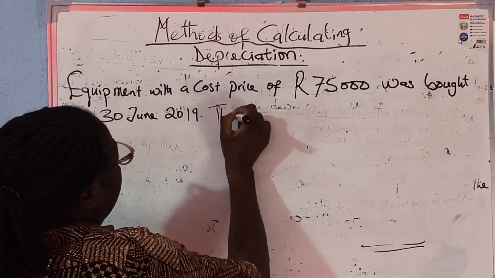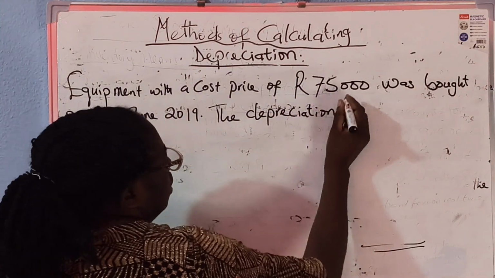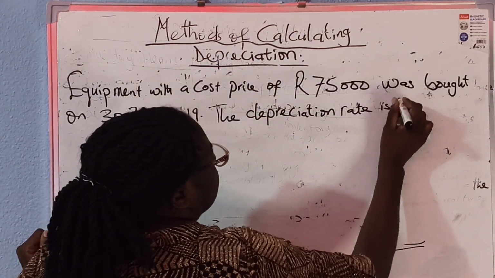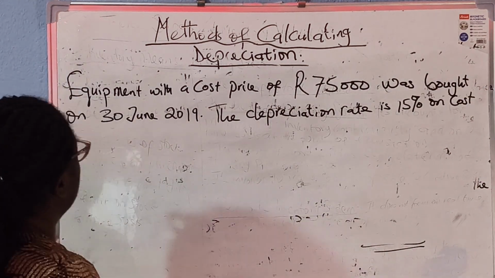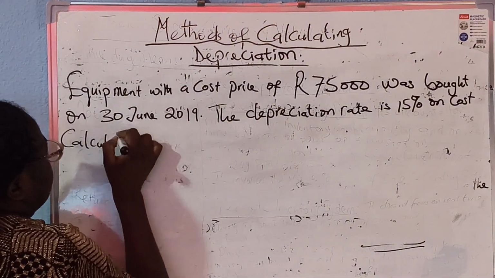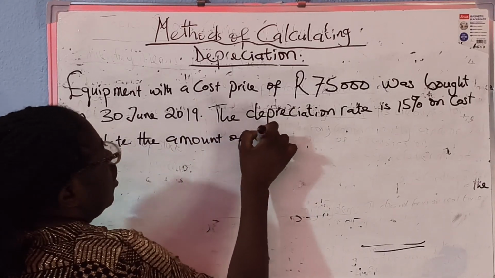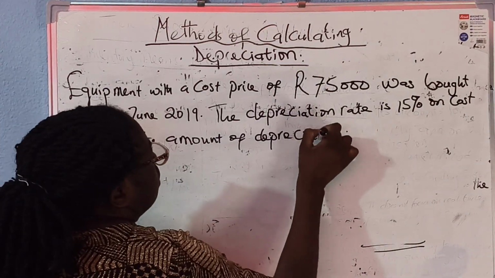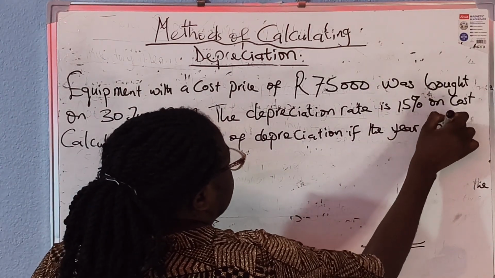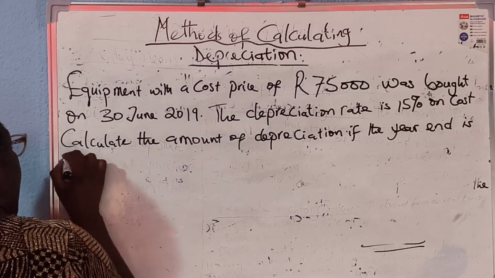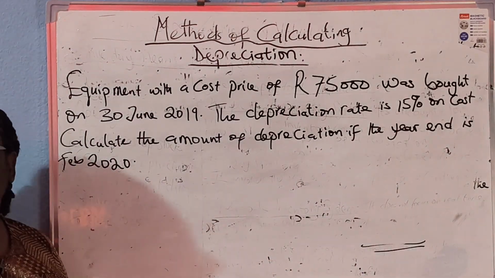The depreciation rate is 15% on cost. Calculate the amount of depreciation if the year end is Feb 2020. All right, let's look at this.